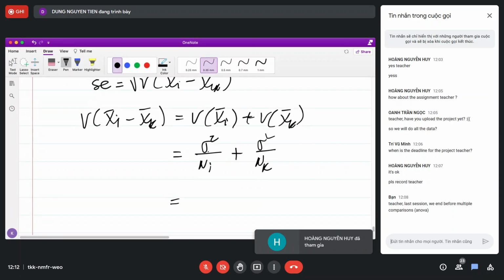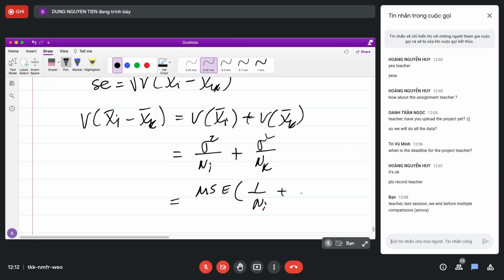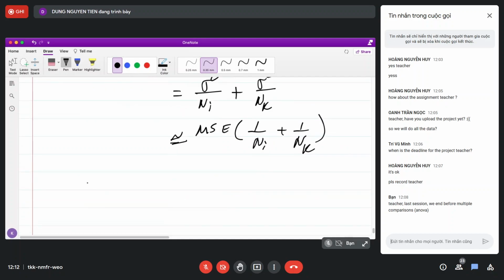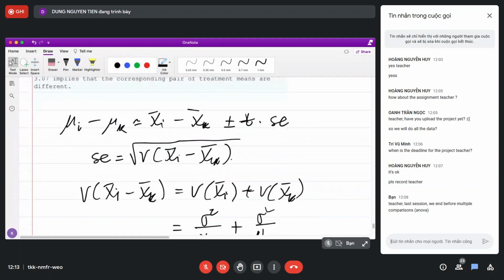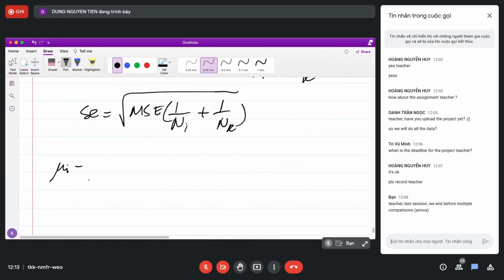You can approximate sigma squared by the MSE, so you get the MSE times 1 over n_i plus 1 over n_k. So the standard error is the square root of the MSE times 1 over n_i plus 1 over n_k. So I can come up with the confidence interval: mu_i minus mu_k equals x_i bar minus x_k bar plus or minus the t value times that square root.